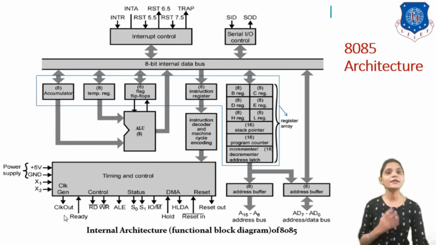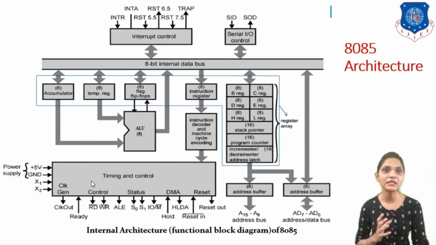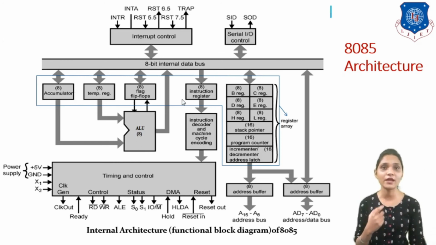Okay, this is the basic architecture, where we have divided the whole architecture into 6 parts. First is your register array or register block. Second is the ALU block, where you have the accumulator, temporary register, flip-flops and ALU. Then we have the instruction decoder unit, where we have the instruction register, instruction decoder and machine cycle encoder.